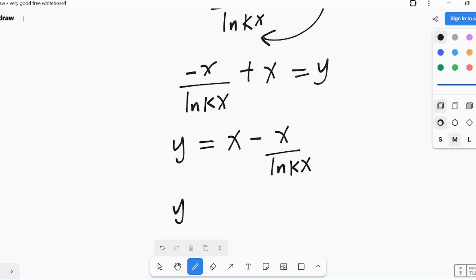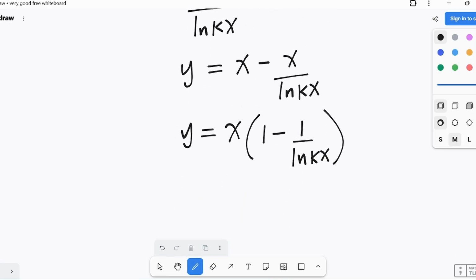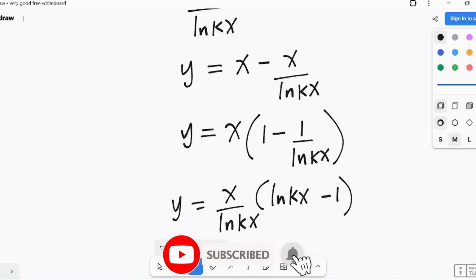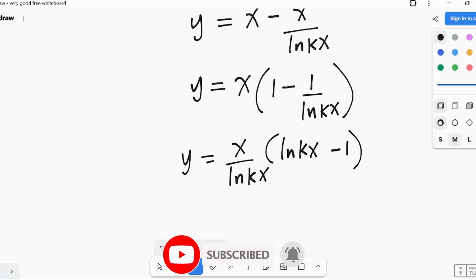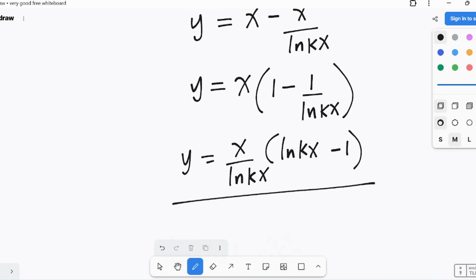So therefore our final y becomes x into 1 minus 1 out of ln kx. There you have simplified it. You can even go ahead to simplify it more, and say my y was originally x out of ln kx into ln kx minus 1. That is the general solution of the differential equation.